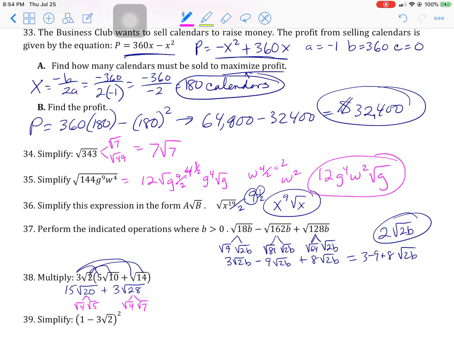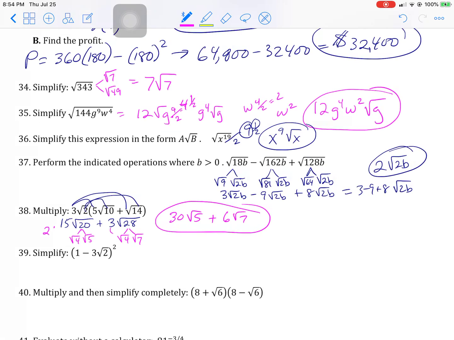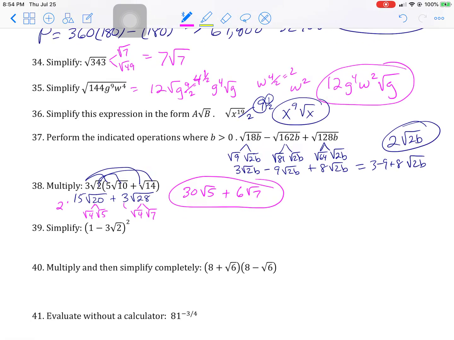So that's going to be 15 times 2. 15 times 2 is 30, square root of 5. And this one's going to be 2 times 3, which is 6, square root of 7. These are not like terms, you can't add them together. So don't add them together. So you can stop there, okay?